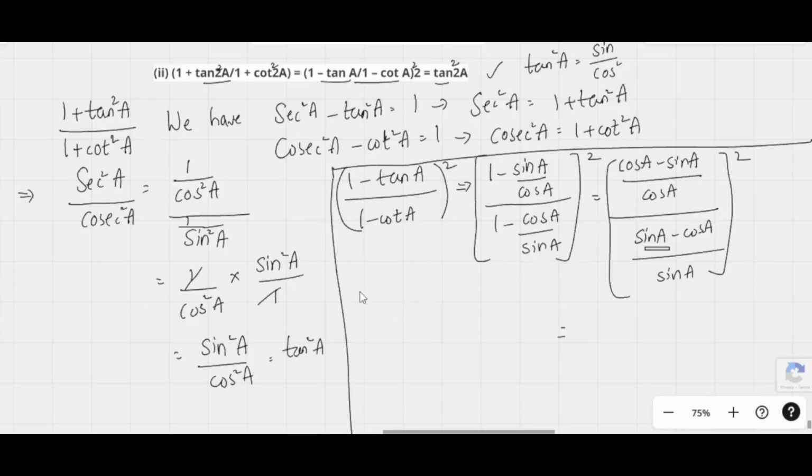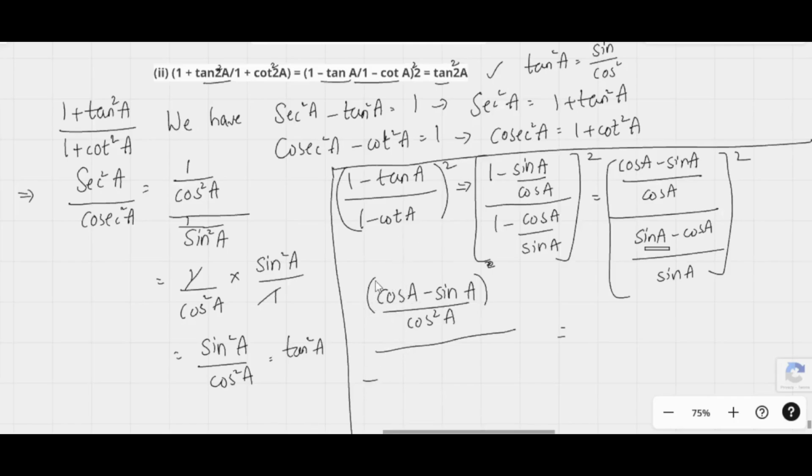So if I take minus out, what will happen? Cos A minus sin A divided by cos A. I'm putting separate squares for every term separately. Let me take the full square only. Then this minus minus will also get squared and get plus.